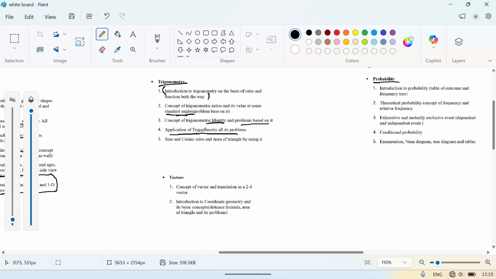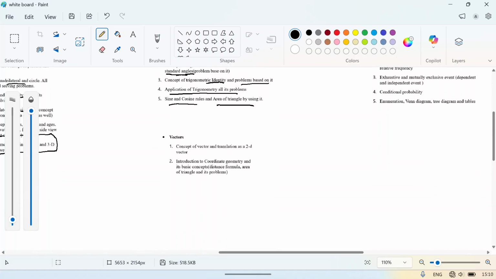Then in the session on application of trigonometry, it means how to apply trigonometric functions and ratios in practical problems. And in session number 5, we are going to cover sine and cosine rule and area of triangle by using it. So we learn sine and cosine rule, and also how to find the area of triangle with the help of sine and cosine rule.